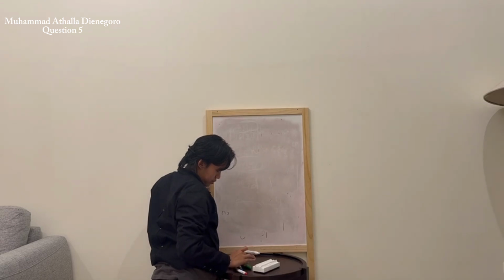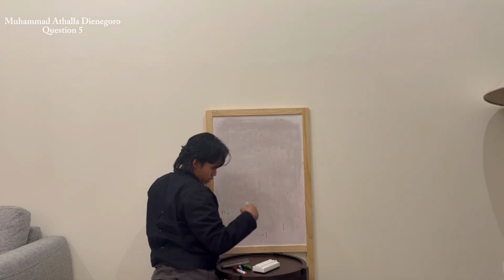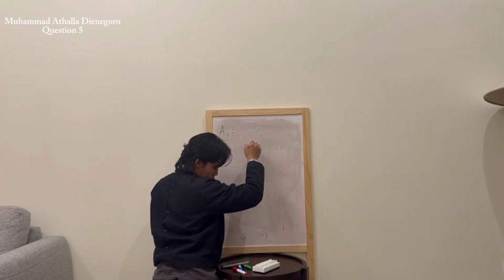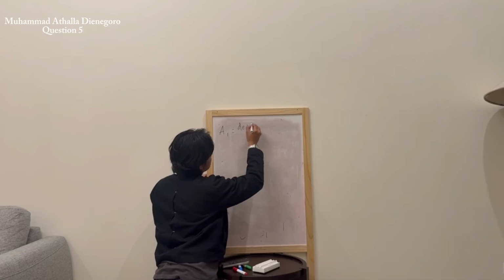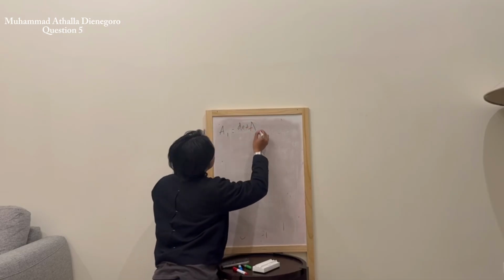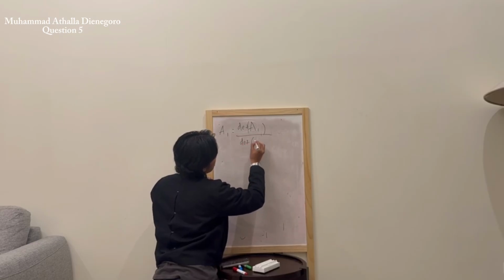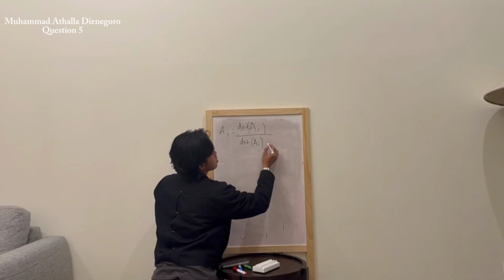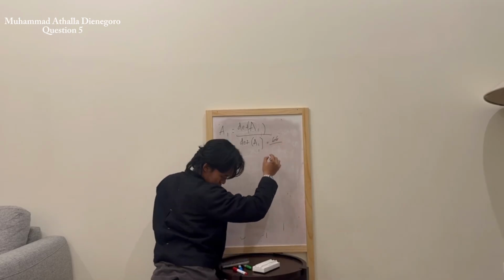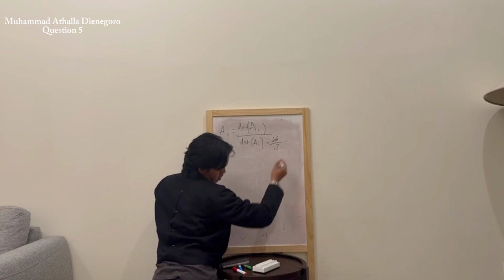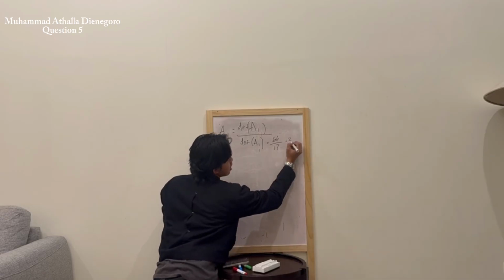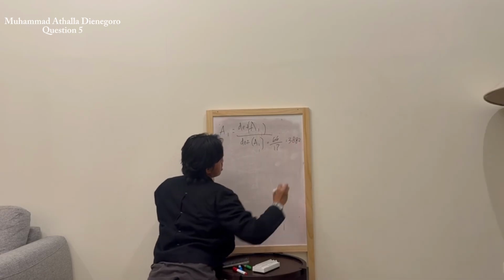Actually, from the A1, with this formula, A1 equals 66 per 17. I think that's 17. So it means 3.882.